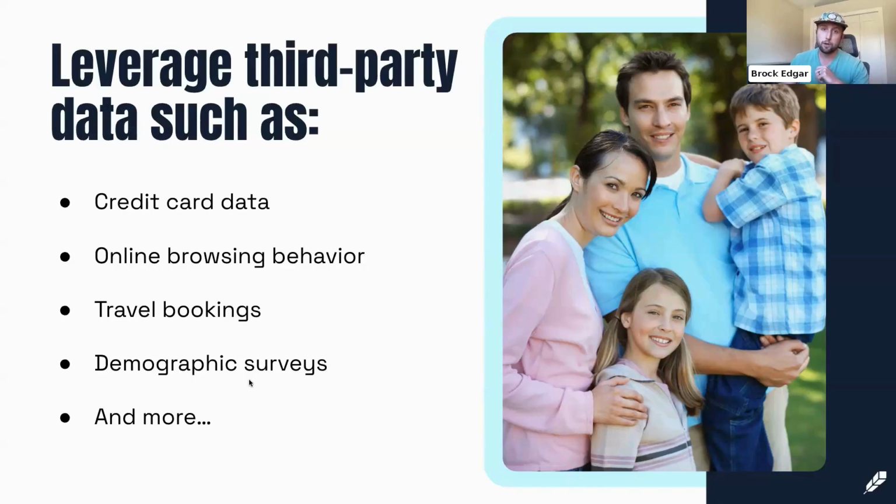This all comes from third-party data. So we receive our lists from market research firms that get their information from the big data vendors of the world. Think like Experian and Equifax with all of your credit card data, Kroger for in-market groceries, tons and tons of data points that can be boiled down into things like credit cards, online browsing behavior, travel bookings, demographic surveys.